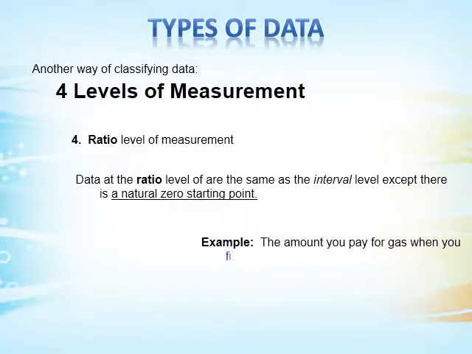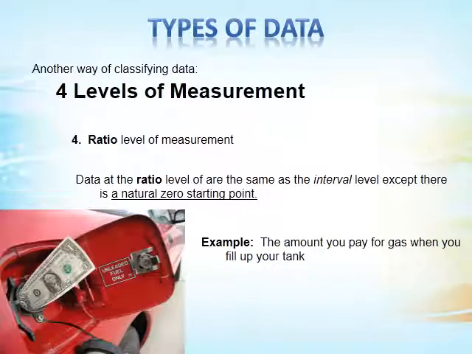So for example, the amount you pay for gas when you fill up your tank, you can pay $0 if you fill up your tank with zero amount of gas, 0 gallons, and then from there it goes up. But since we can't go below zero, in other words, we wouldn't pay negative money for negative gas, zero is the natural zero starting point, and so this level of data is at the ratio level.